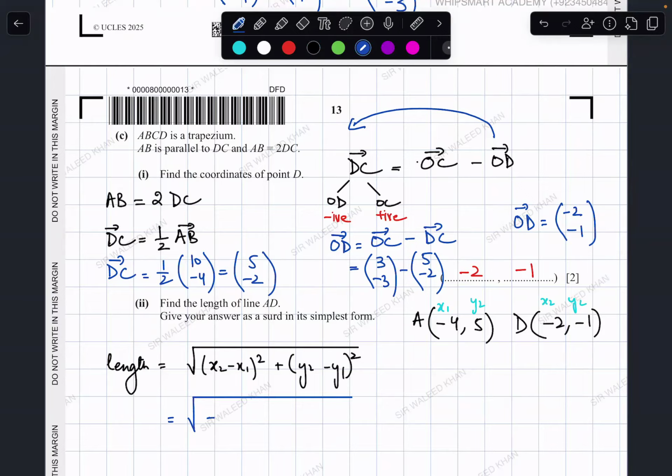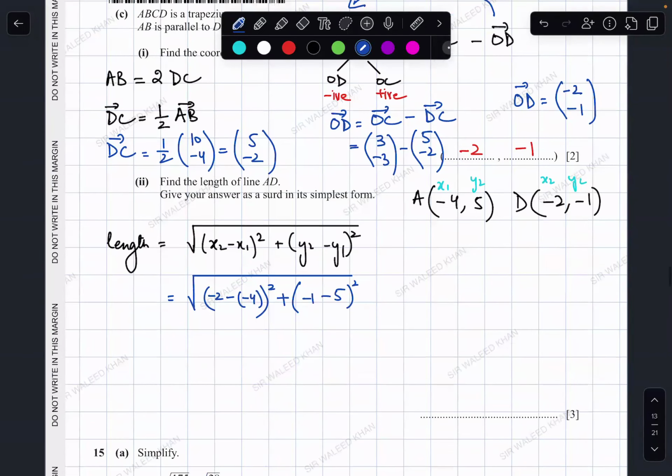So -2 minus -4 whole square plus y2, -5 minus 5.